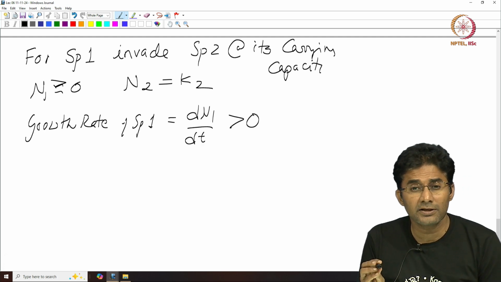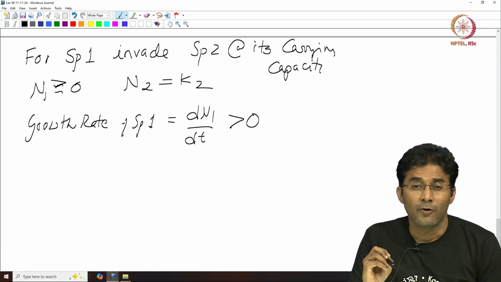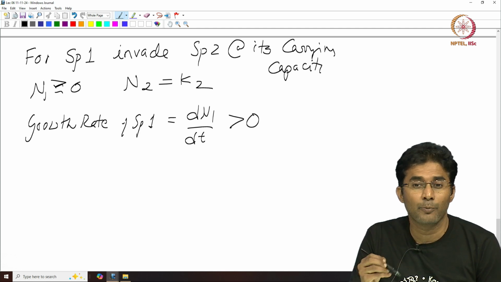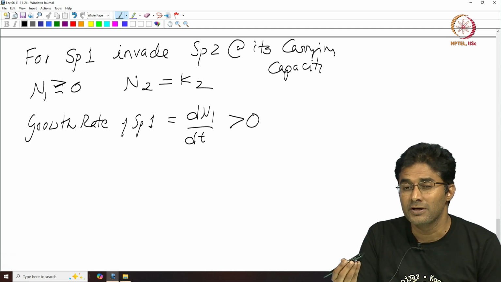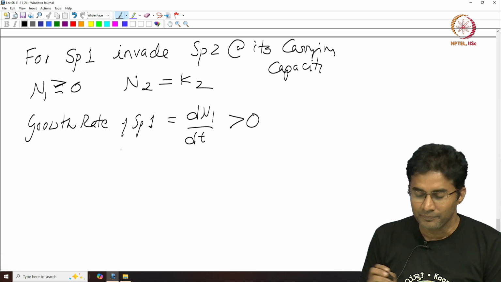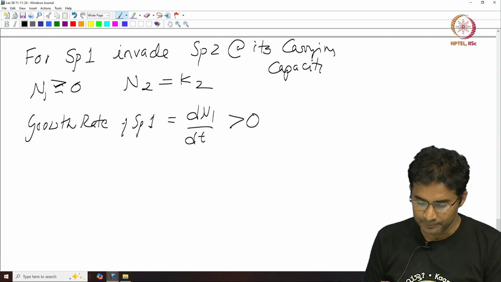Only when the growth rate of species 1 is greater than 0, even if species 2 was at its carrying capacity, can we expect that species 1 will invade species 2 and potentially also exclude species 2 from existence. So, let us understand under what conditions this can happen.